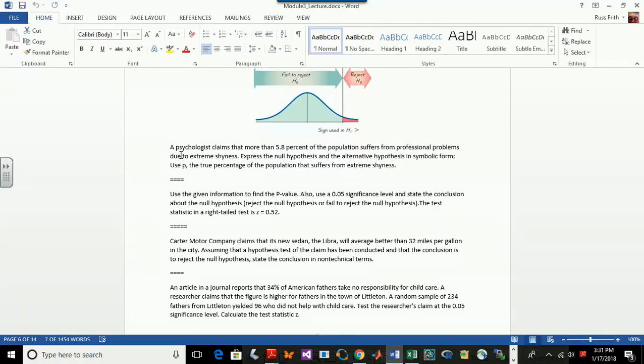A psychologist claims that more than 5.8% of the population suffers from professional problems due to extreme shyness. Express the null hypothesis and the alternate hypothesis in symbolic form. Use proportion, the true percentage of the population. So here's a claim that more than 5.8%. So 5.8% is the base.